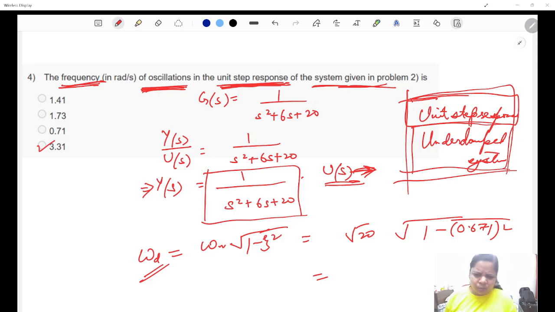Okay, it's just calculation. Let's not take much time into this. But this is the way how you're going to solve.